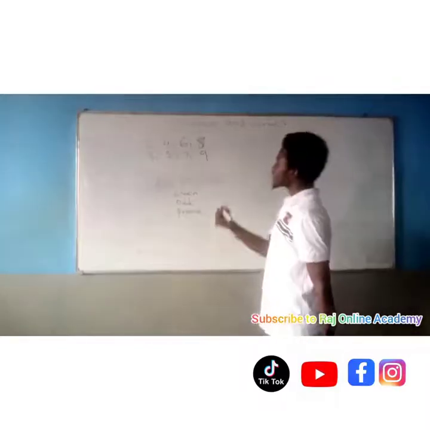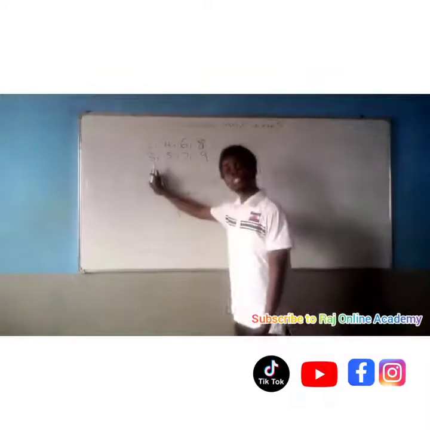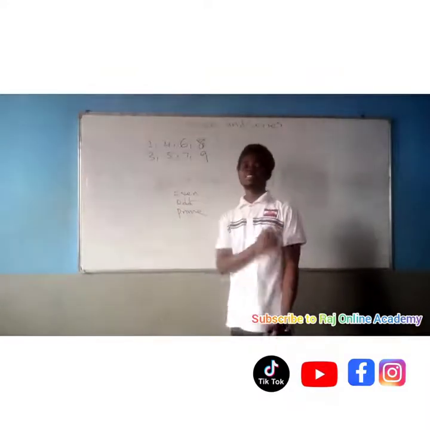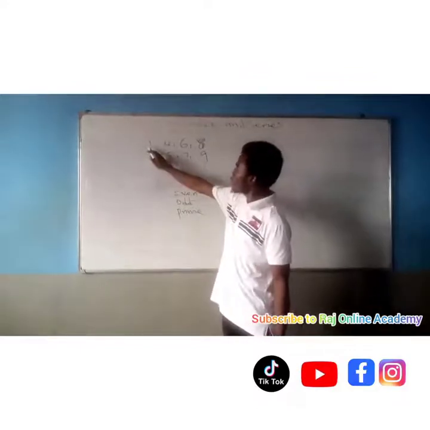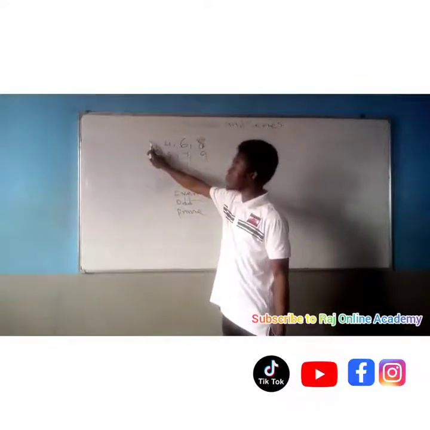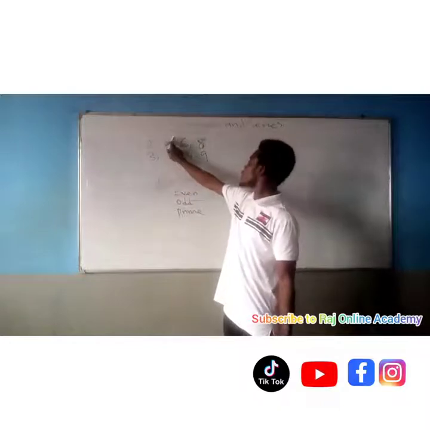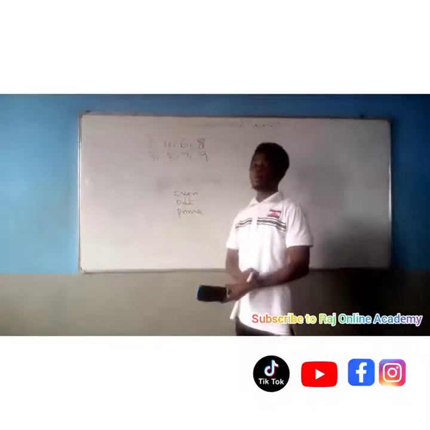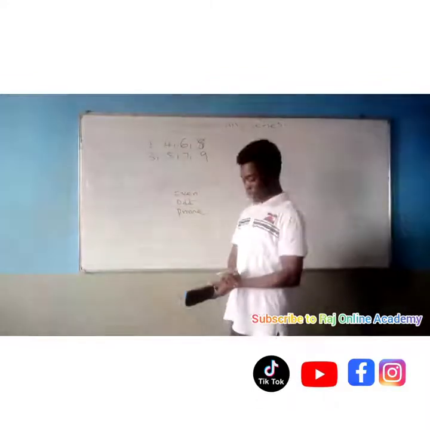Again, for the sequence, each number or member here is called a term. We have this one as the first term, this one as the second term, this one as the third term, and this one as the fourth term. Likewise for the second one.